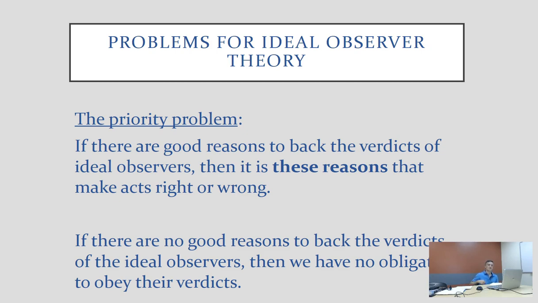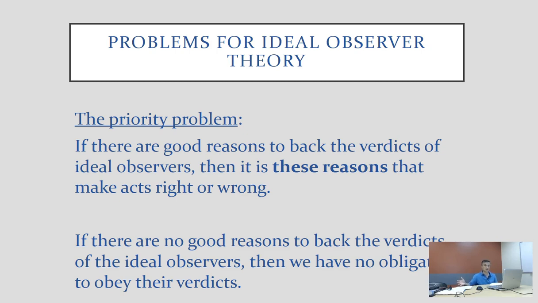So if you back the ideal observer's moral verdicts, and you have reasons for backing them, then it's the reasons that make the acts right or wrong, not because the ideal observer favors them. That was the advantage of it to begin with, right?